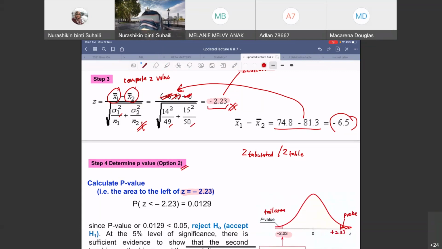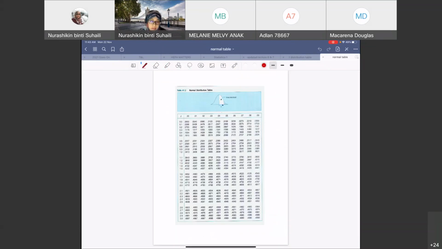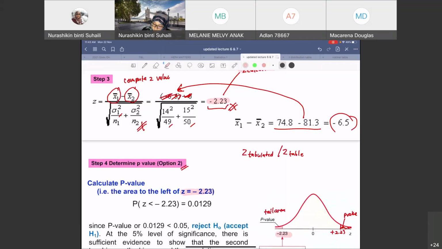It's because when you refer to the normal table, it only gives you the right side. That's why you have to apply the symmetric rules. So when Z is equal to 2.23, the value of the area, remember, is 0.4871, referring to this area.